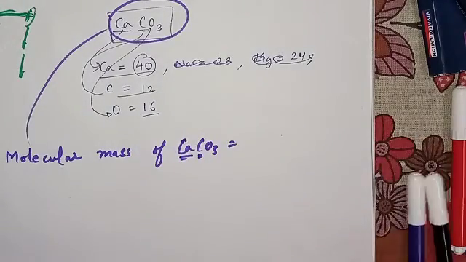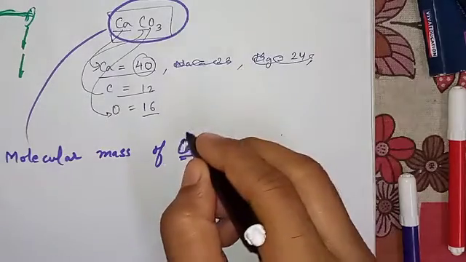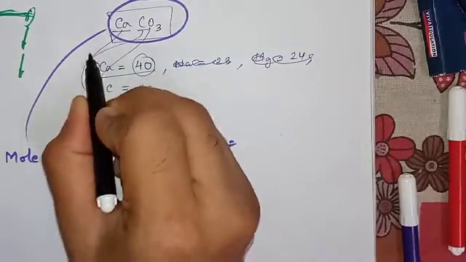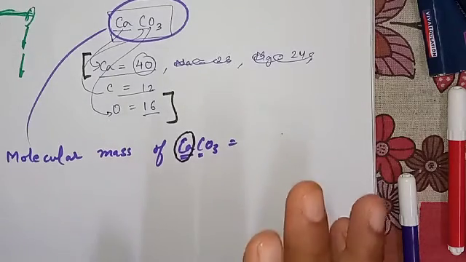So the first element is calcium. What is the atomic mass? Don't get tensed. Don't be in a state of confusion that, sir, do we have to memorize these atomic masses? It's very painstaking, sir. You don't have to do that. Data will be provided to you.